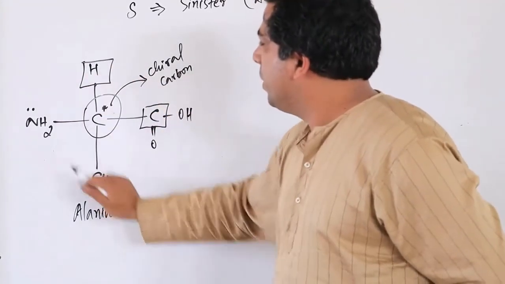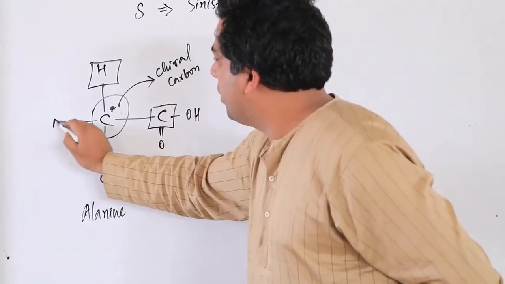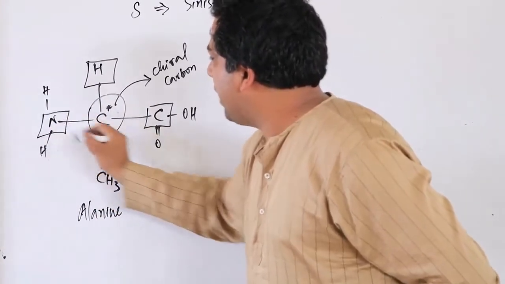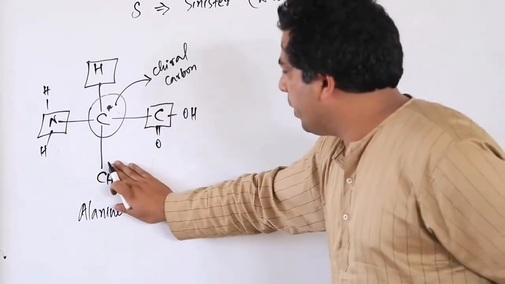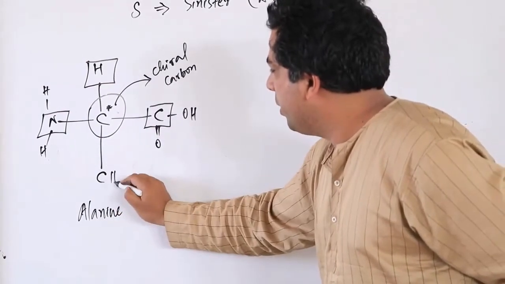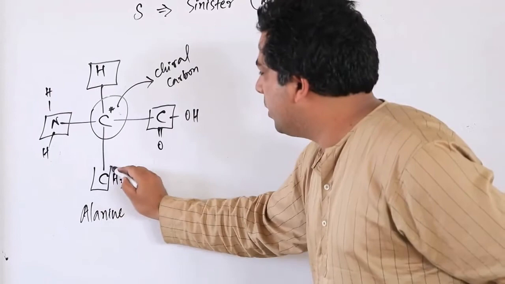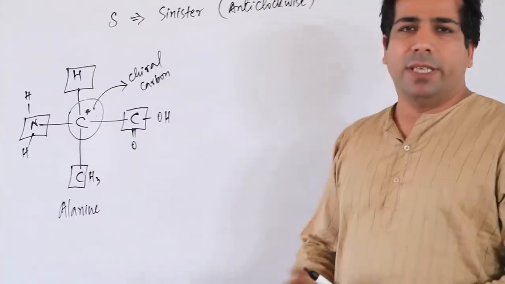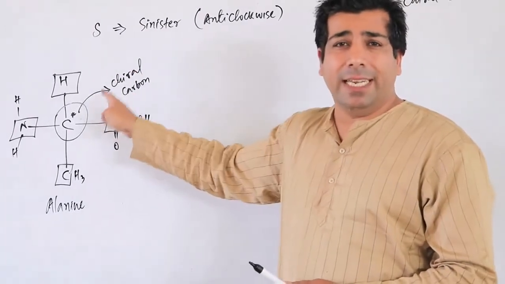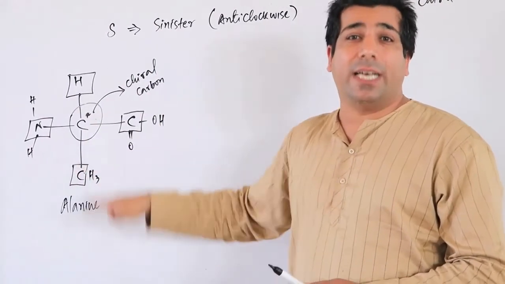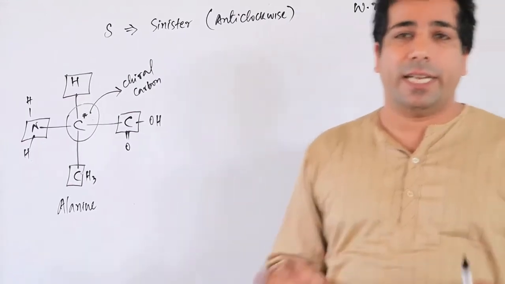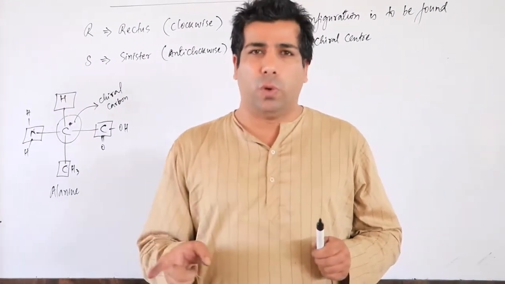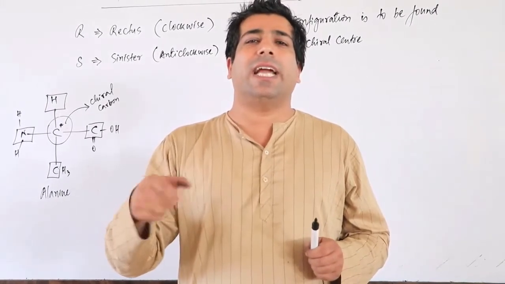And in this NH2, who is directly linked with the chiral carbon? Nitrogen. In CH3, who is directly linked to the central carbon? That is this carbon. So now, my dear friends, those atoms which are directly linked to the chiral carbon are numbered from 1 to 4 based on their decreasing atomic numbers.